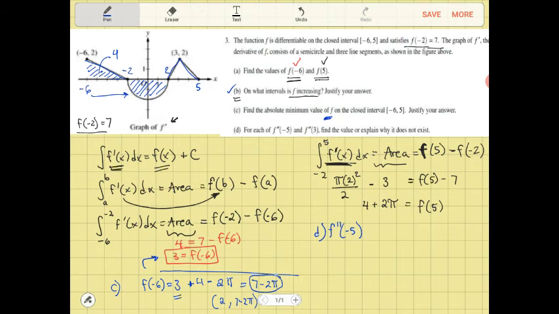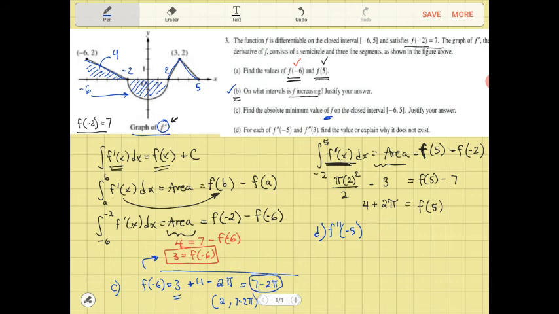But we have a graph. So I guess what I meant to say is keep in mind what you know, and we have a graph of the first derivative. So to figure out the second derivative at a point, you gotta figure out the slope of this graph that we are given. The slope of the first derivative would be the value of the second derivative at a specific point.